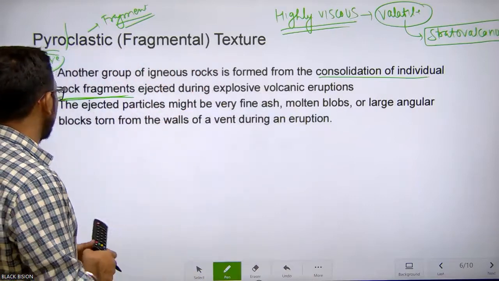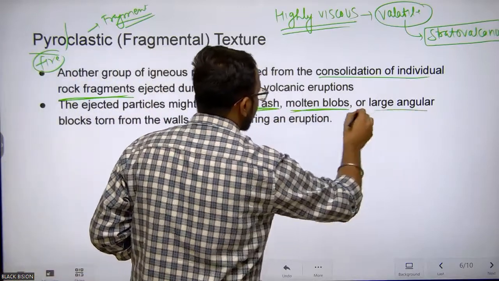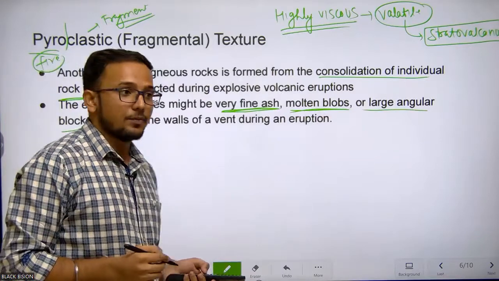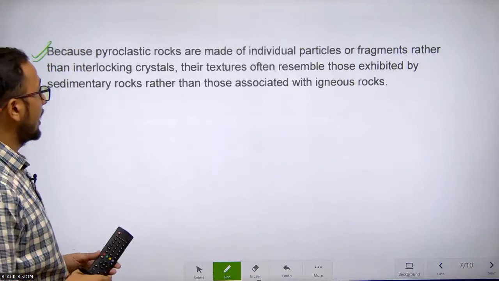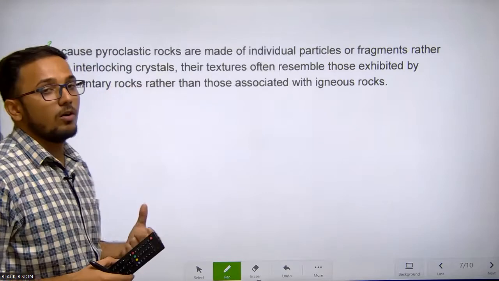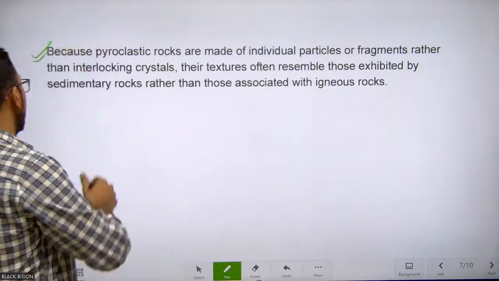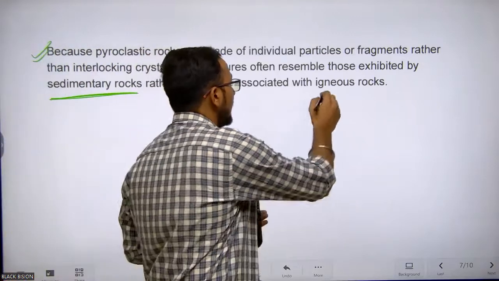The ejected particles might be very fine, molten blobs, or large angular blocks from the walls of the vent during the eruption. Because pyroclastic rocks are made of individual particles or fragments rather than interlocking crystals, they resemble sedimentary rock rather than igneous rock.